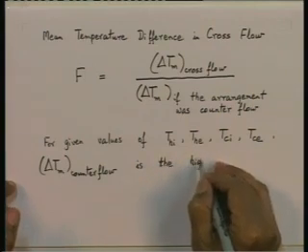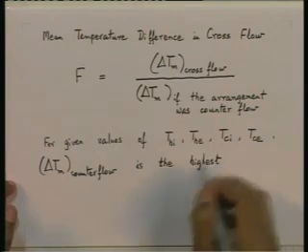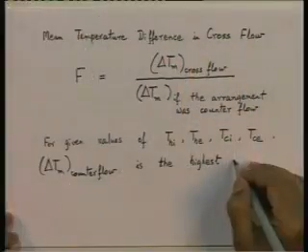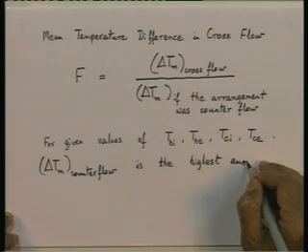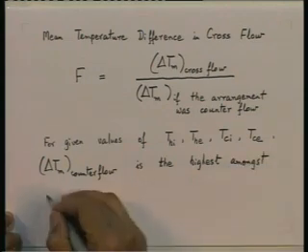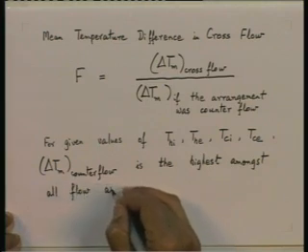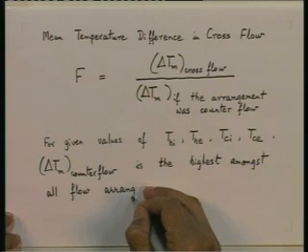That is, for given values of these 4 quantities, if I calculate delta Tm in parallel flow, in counter flow, in cross flow for any of the 3 cases, what I will find is that the delta Tm in counter flow is the highest amongst all flow arrangements. This is what we will find.